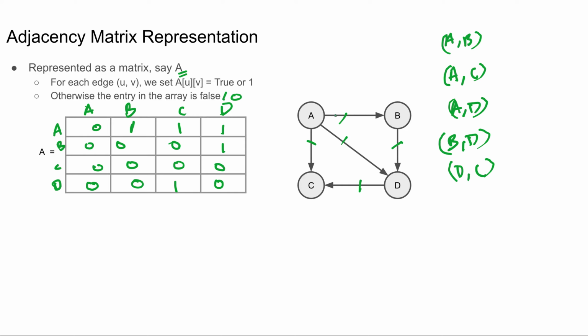If you look at this graph, this is actually a directed graph. That is, the edges specifically indicate the origin and the destination.